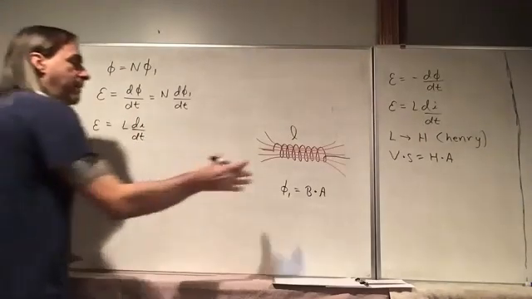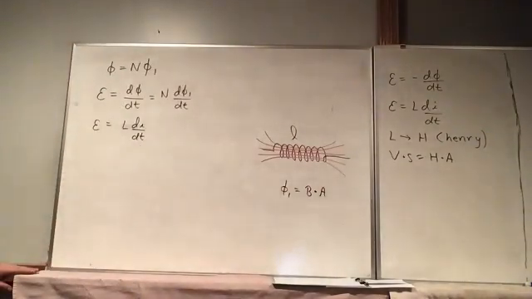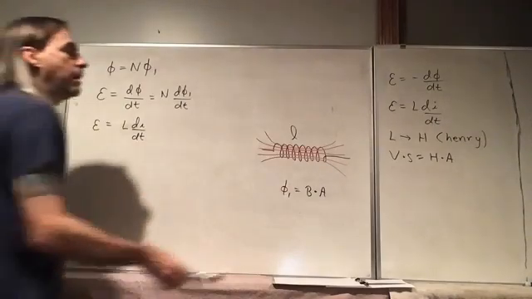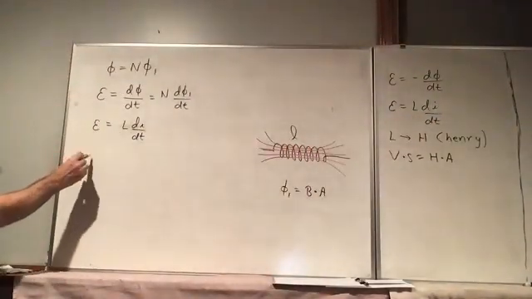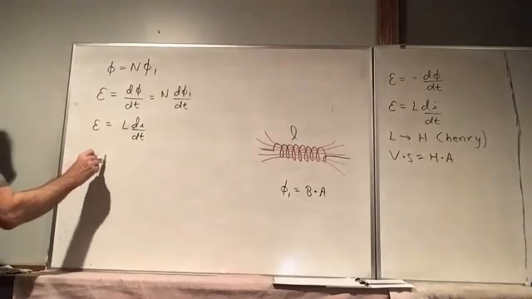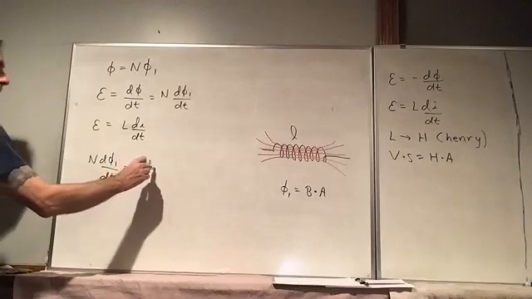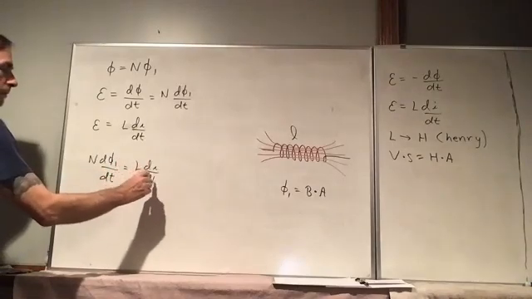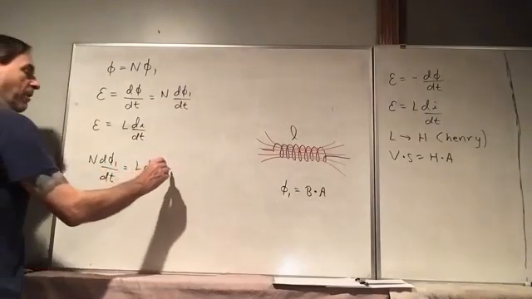So we're going to say that this inductor has an inductance L, and so the EMF across the inductor is L di dt. So let's set these equal to each other. Now, if we integrate with respect to time, we can simplify this.